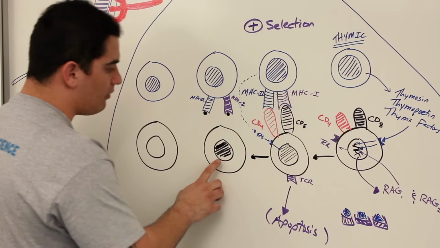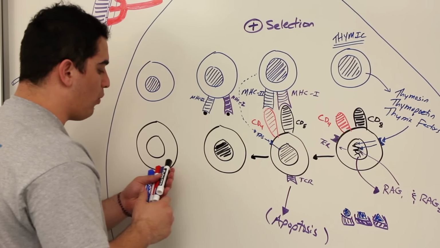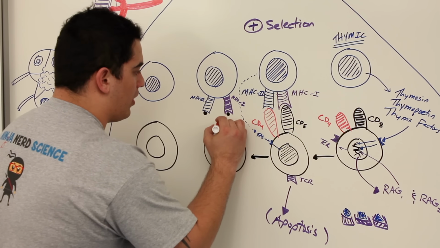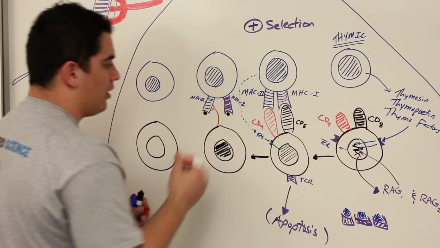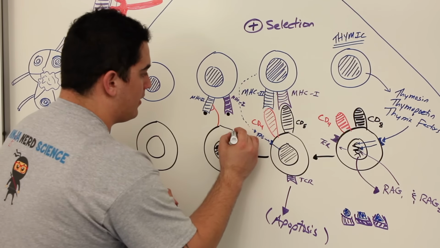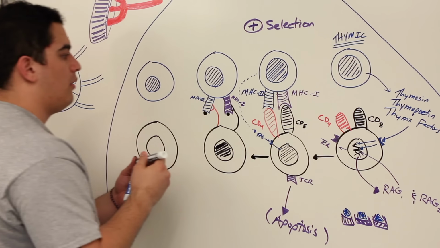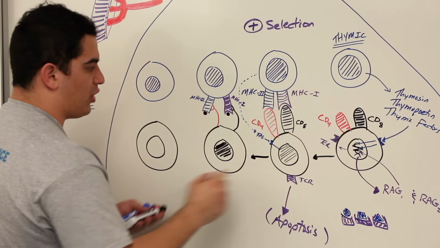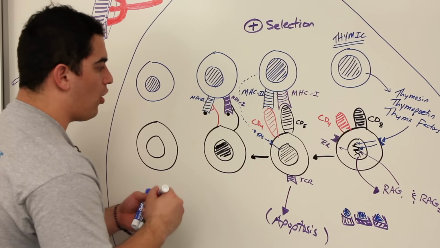Now, this T cell, if you remember, what did it have? I'm going to draw the CD proteins a little bit differently now. So this red one is going to be CD4, and this black one is going to be CD8, which are interacting appropriately with class 1 and class 2. But if you remember, what other structure did we have? We had that TCR.